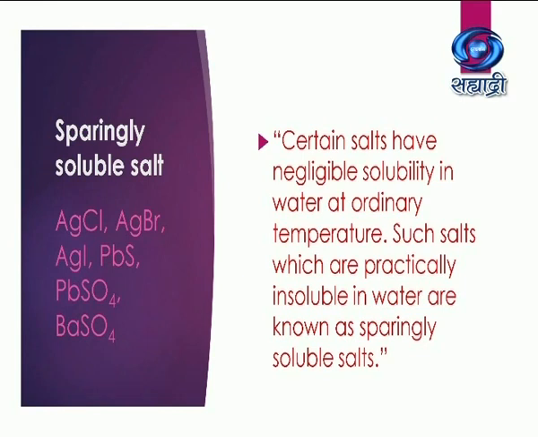Such salts are known as sparingly soluble salts. The examples are: AgCl, silver chloride; AgBr, silver bromide; AgI, silver iodide; PbS, lead sulfide; PbSO4, lead sulfate; BaSO4, barium sulfate, and so on.